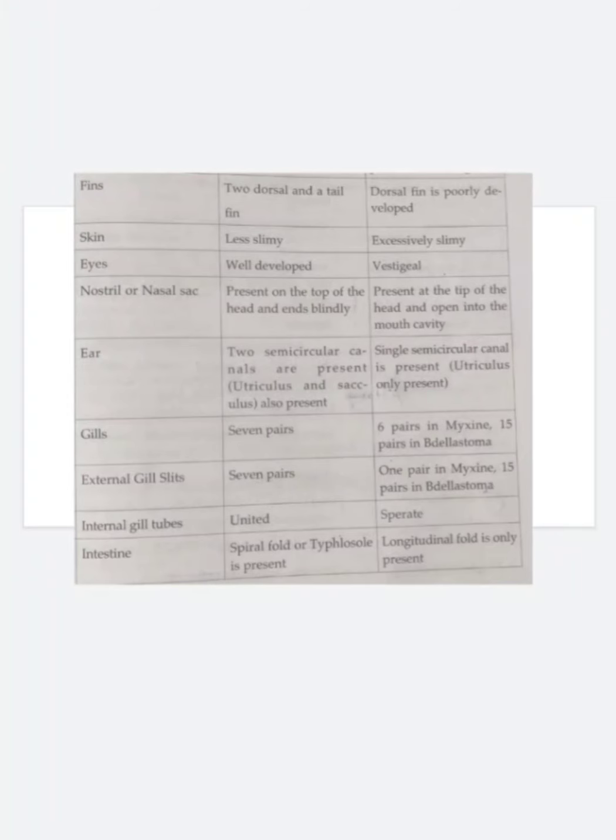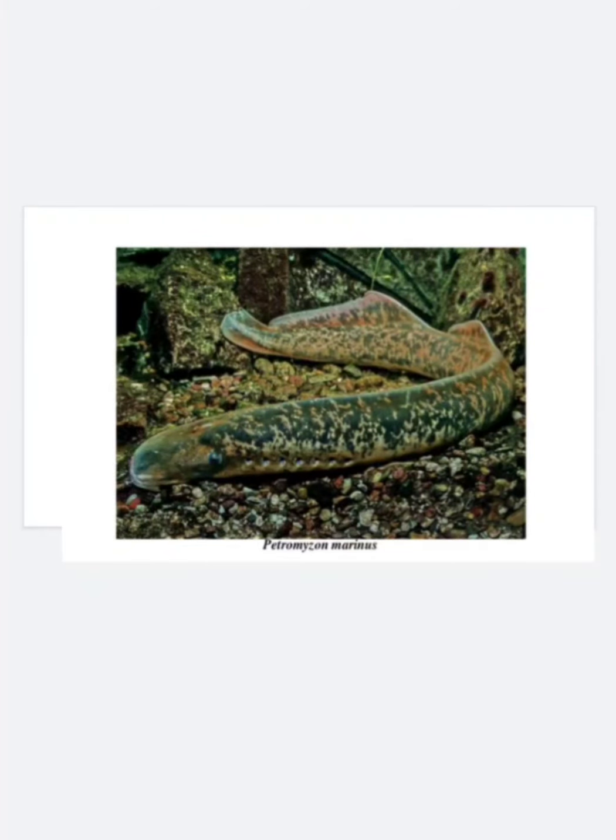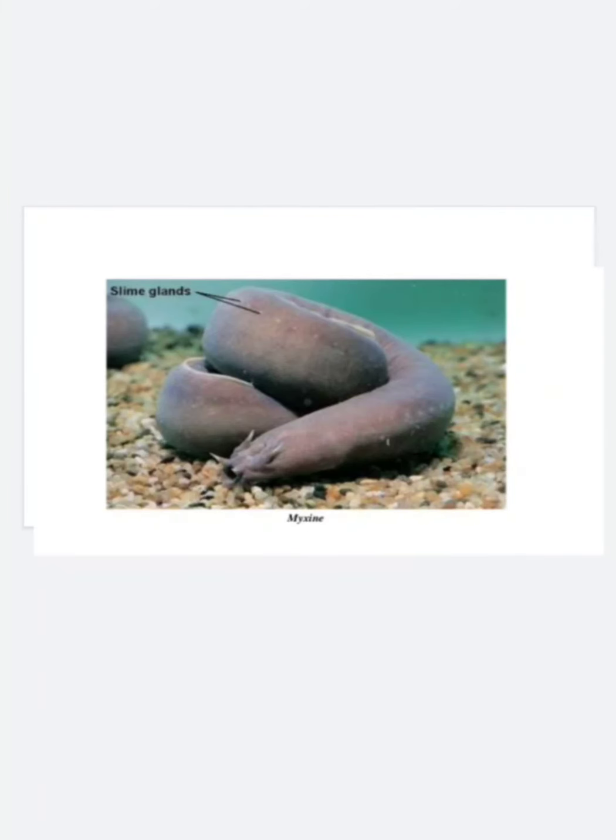Eyes are well developed in Petromyzon. Here we will see the picture of Petromyzon. Here the eyes are well developed, but in Myxine they are vestigial organs, which are not developed. Coming to the nostrils, these are present on the top of the head and end blindly in Petromyzon, but in hagfish they are present at the tip of the head and open into the mouth cavity.